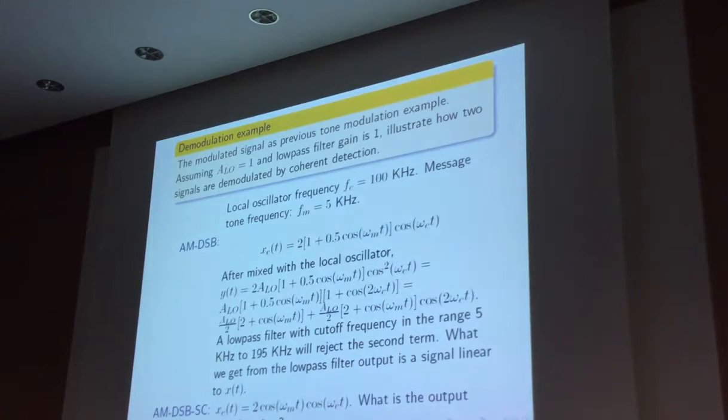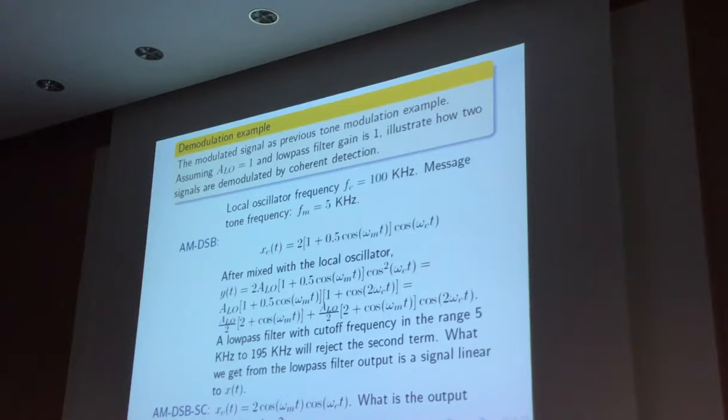Okay, so we solve this one. We have 2 cosine omega_c t here and here. Multiplying together, we have a cosine square omega_c t, right? Also, we have 2 times A_LO cosine omega_m t here, right? So that's why we have this term over here. Now, we expand this cosine square omega_c t using the trigonometry identity. We have this one. Am I right?